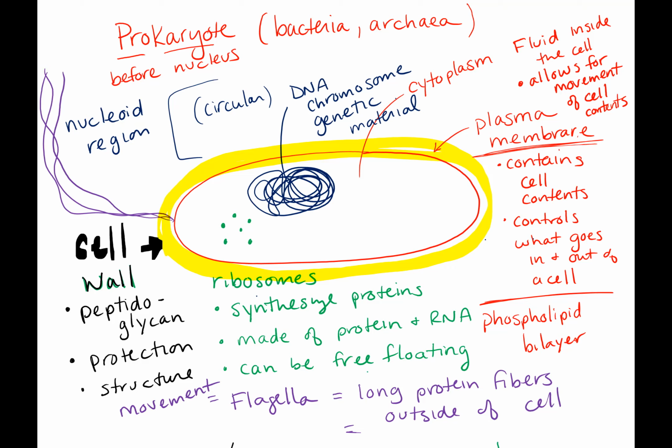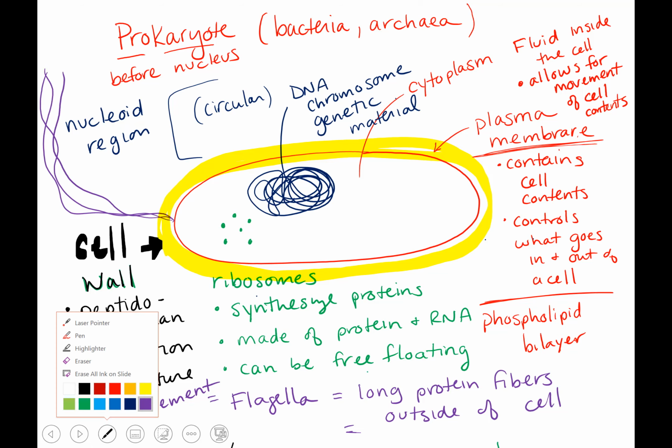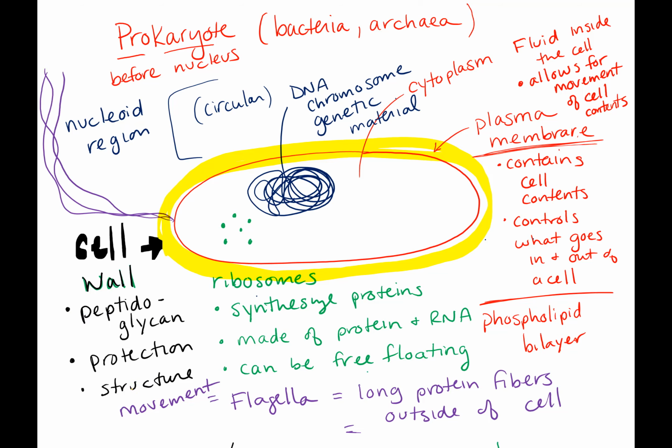Not all bacterial cells have flagella, but some do. So it could be a characteristic of a bacterial cell. Some bacterial cells also have something called pili. So we're going to draw these as short little things.